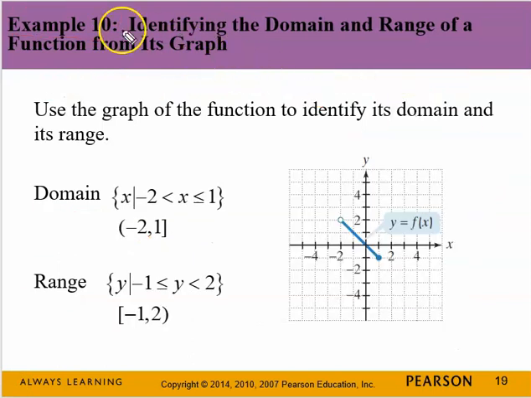Continuing, defining in example 10 here, the domain and the range. Well, since I have blue, I'm going to do the range first. Now again, we're projecting this blue line to the y-axis, and it looks like a hollow dot at 2 and a solid dot here at -1.